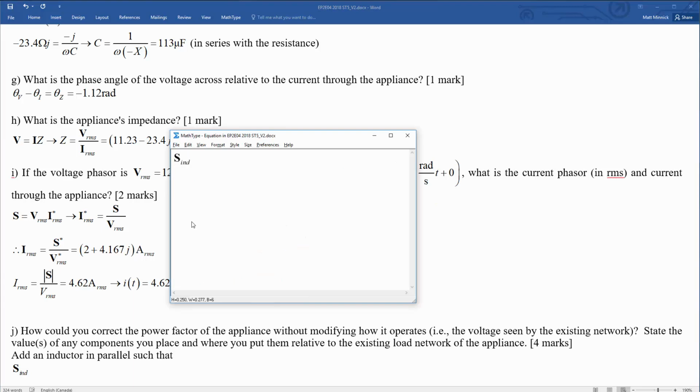such that the complex power that it's using is going to be negative Qj that we're already using.